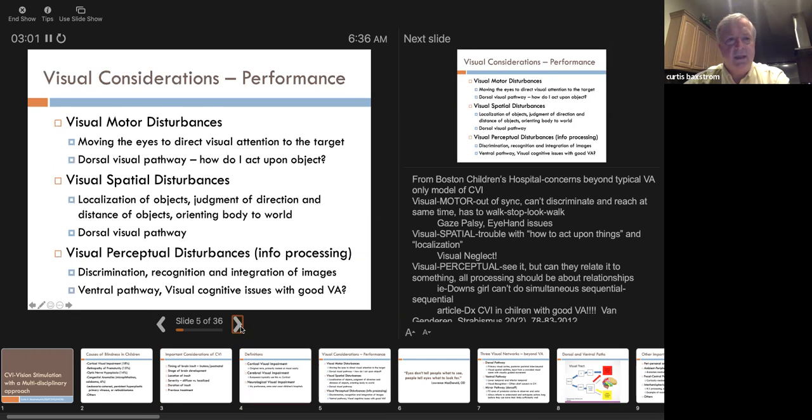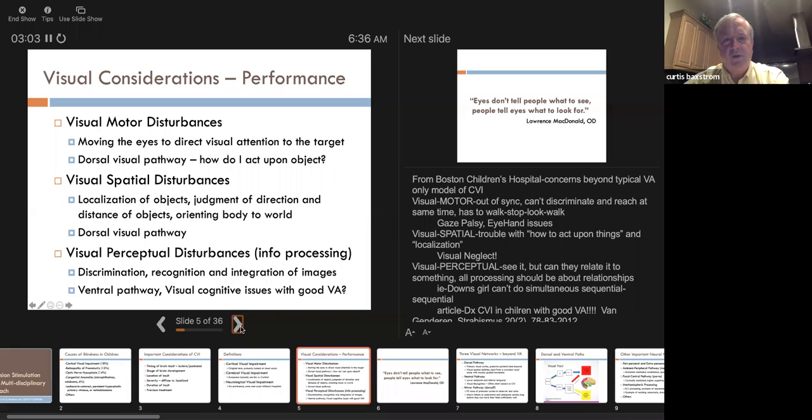Why is that? Basically, because when you have cortical visual impairment, most people believe it's just a visual acuity issue. However, we also know that it has to do with visual motor disturbances, like moving your eyes and being able to fix and locate objects in space. Also, spatial disturbances that are possibly located in the dorsal pathways, where the child has difficulty localizing an object and judging direction and motion.